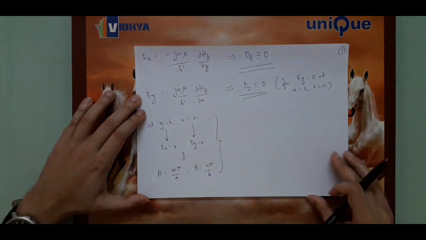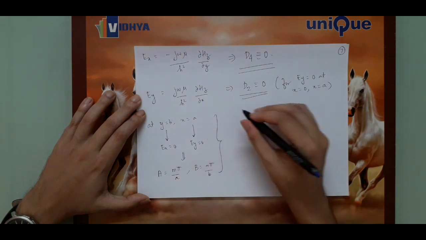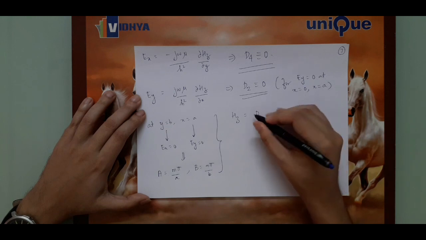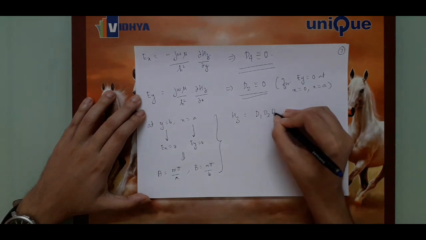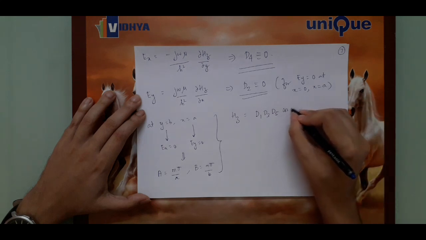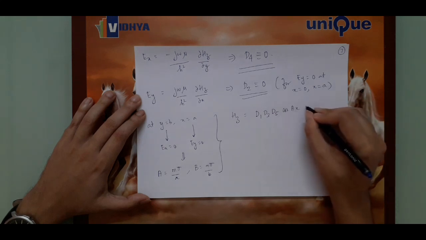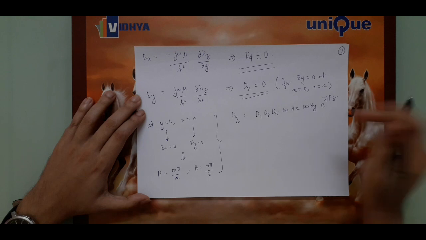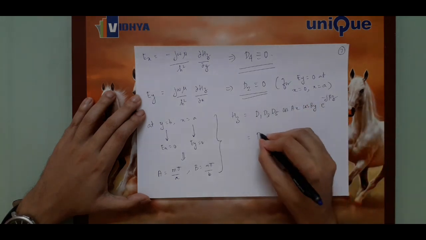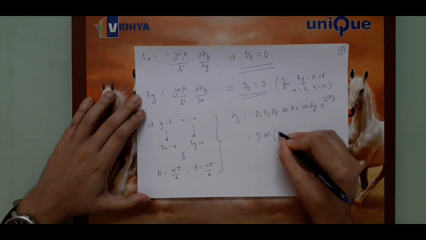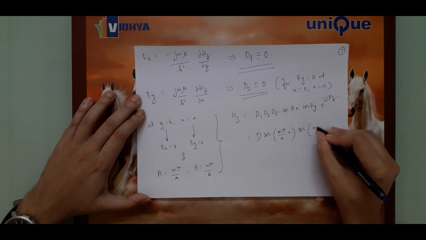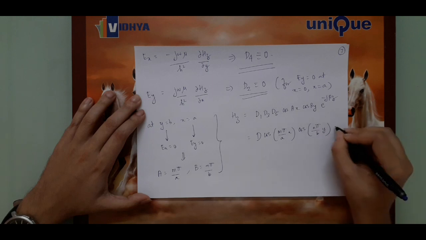So using these, just like how we proved for the TM case, we will get Hz is equal to D1, D3, D5 cos ax cos by e raised to minus j beta z. So this again I can write as some constant D times cos of m pi by a x cos n pi by b y e raised to minus j beta z.